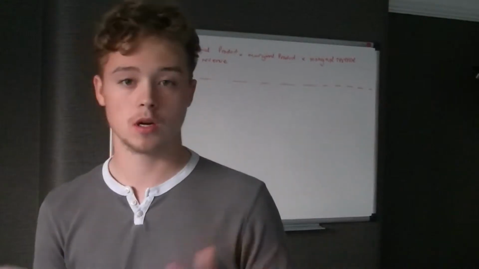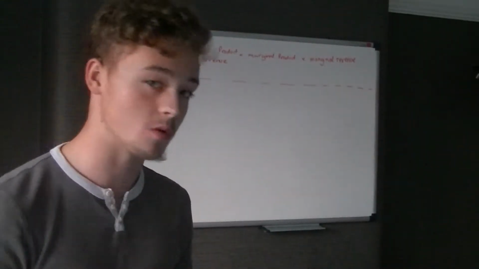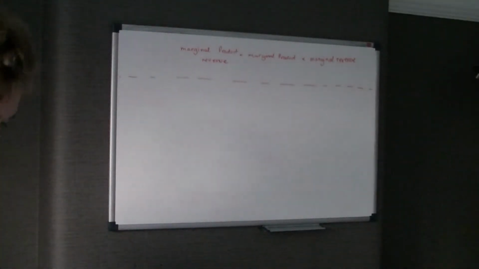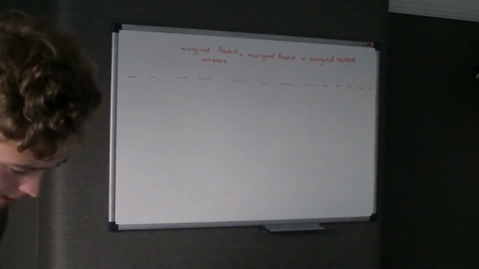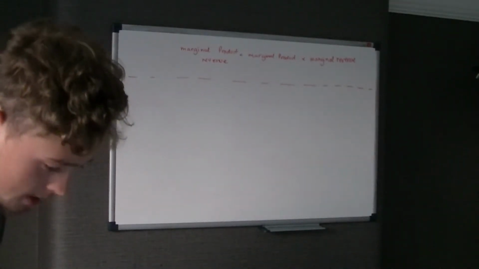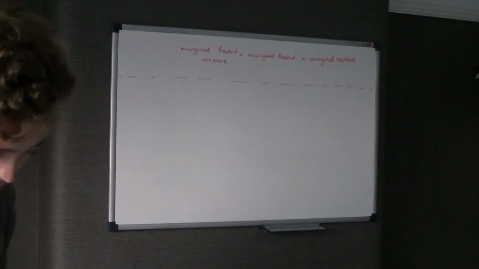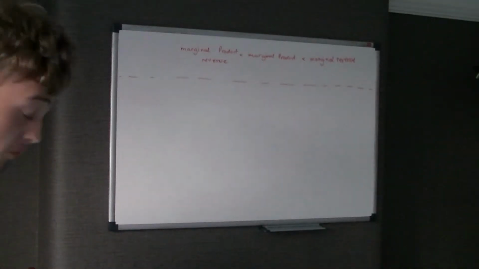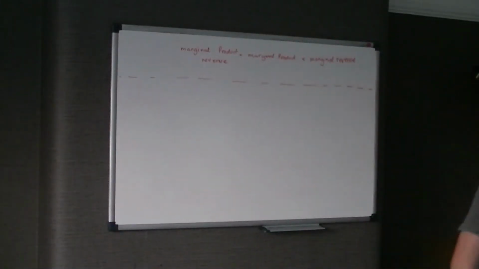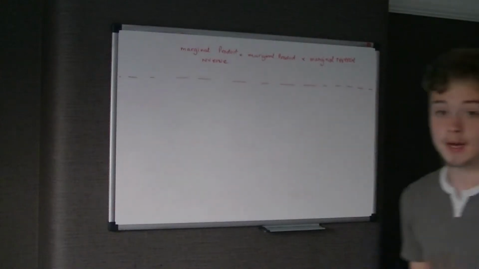So we've gone through labour, why it's derived demand, and what marginal product revenue is, and that's the formula on there. I think we've gone through enough knowledge to be able to do this task.